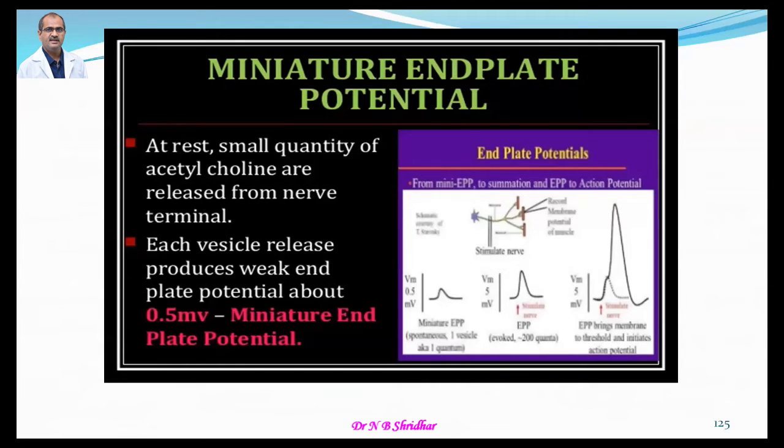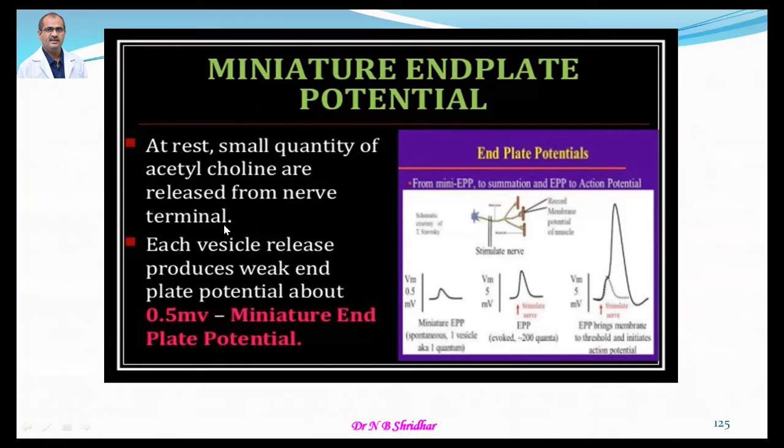In the diagrammatic representation of the miniature end plate potential, a small quantity of acetylcholine in the cholinergic system, or norepinephrine in the adrenergic system, is secreted from the nerve terminal.